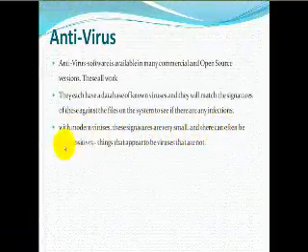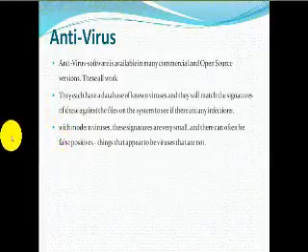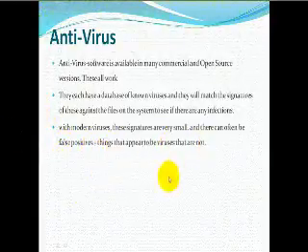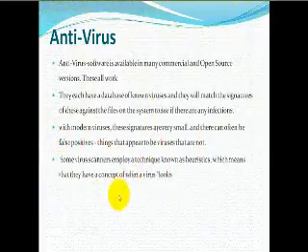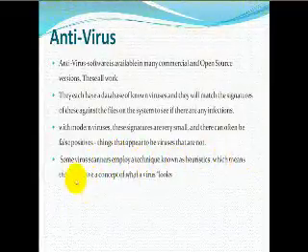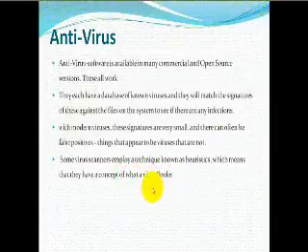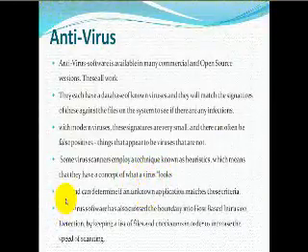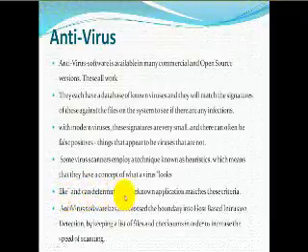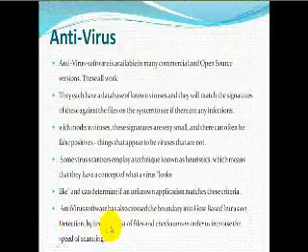With modern viruses, these signatures are very small, so there can often be false positives, things that appear to be viruses that are not. Some virus scanners employ a technique known as heuristics, which means they have a concept of what a virus looks like and can determine if an unknown application matches these criteria.